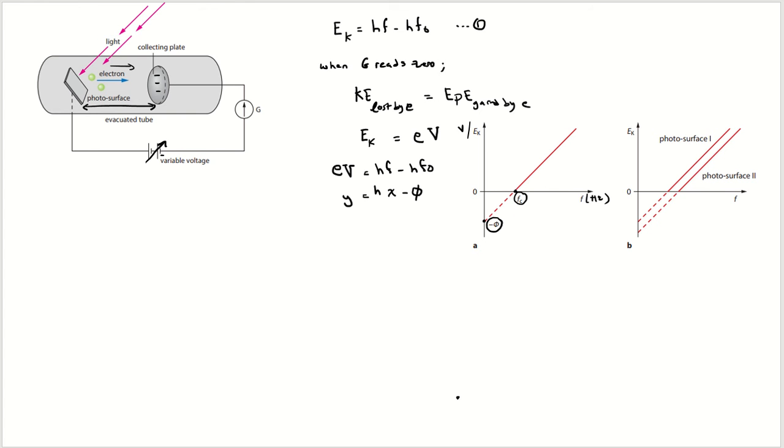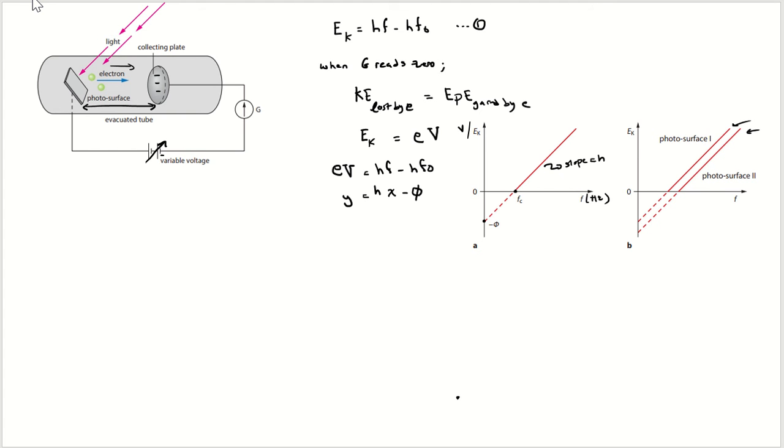Now, if I change the photo surface, for another photo surface, you will notice that if I plot the same thing, the lines are going to be parallel. Why is this? Because the slope is constant, equal to the Planck constant. Since these two lines have the same slope, they are going to be parallel.